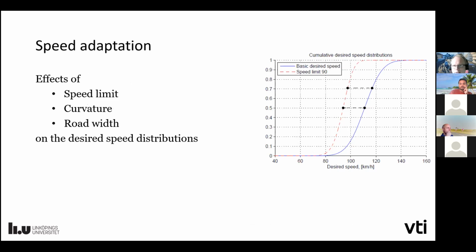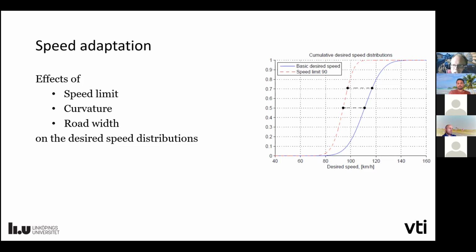And although the empirics might now be quite old, the idea is that each driver has a basic desired speed, and we have a distribution of the basic desired speed, the speed that the driver would like to drive at where there's no speed limit, or a straight road, and it's wide and so on. And then we reduce this speed, but it's not only a reduction, as you can see, the red curve is also kind of rotated or tilted.